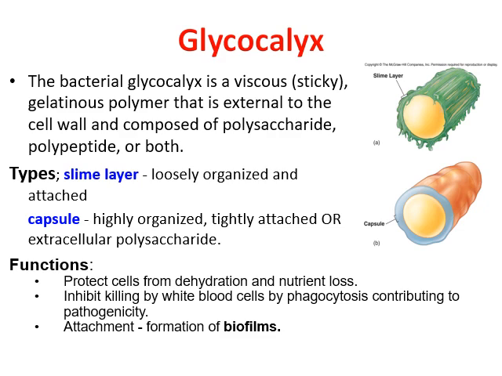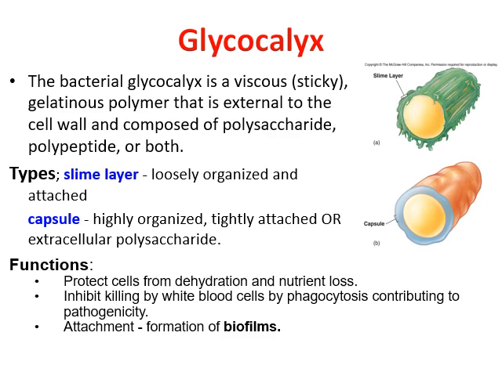So if a bacterium is surrounded by a slime layer, you can find the outer layer is not entire, okay? However, if it is surrounded by a capsule, you can find it completely entire and smooth around the microbe. The main function of the glycocalyx is to protect the cell from dehydration and losing nutrients, and to inhibit killing by white blood cells or by phagocytosis, so it increases its pathogenicity.